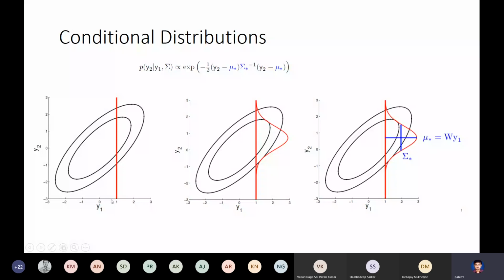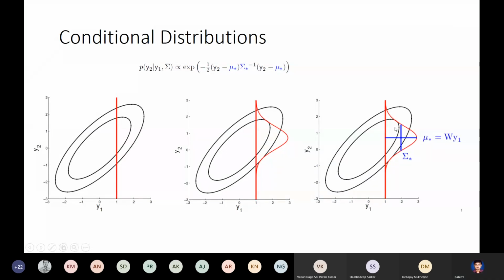We had talked about this in the last lecture also. Instead of x and y, I am calling them y1 and y2. I have taken this diagram from the book. If you fix y1, then y2 is a normal distribution whose mean and sigma we can easily compute given the linear relation.